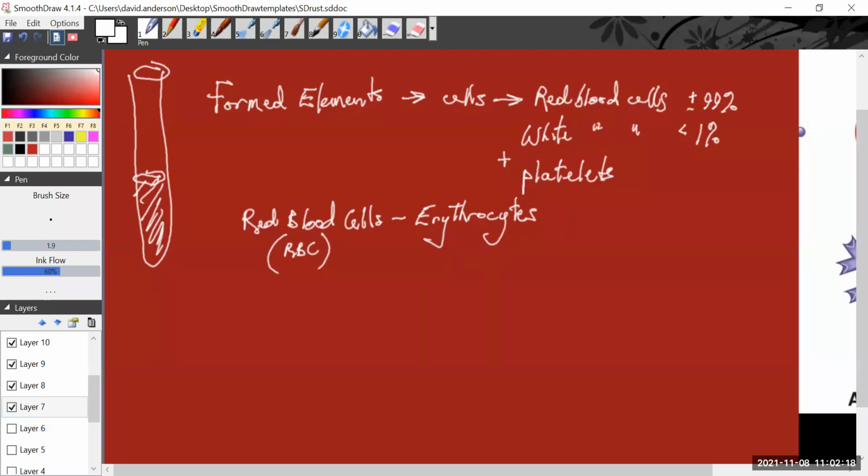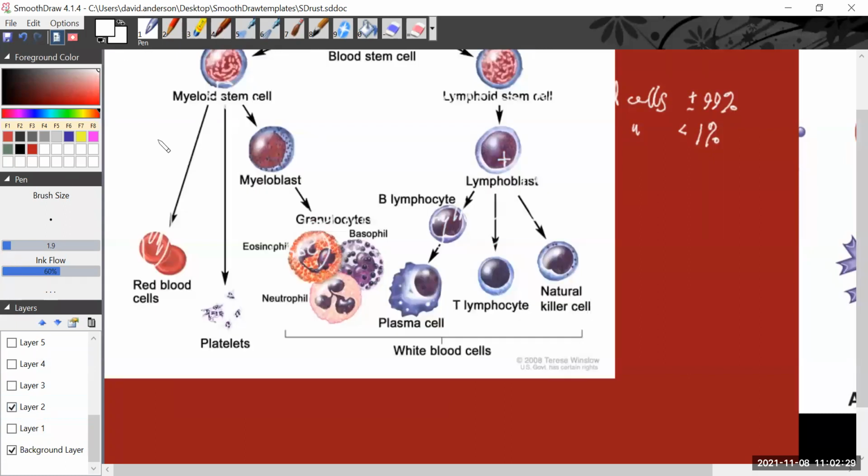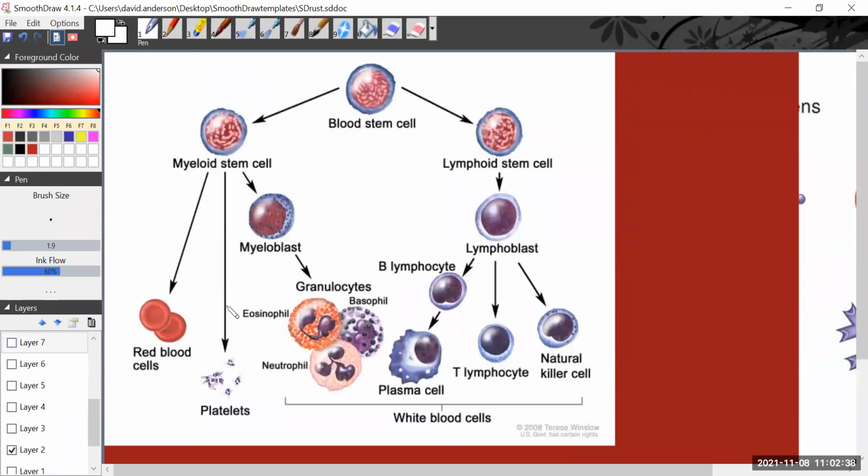Now, most of us should remember that the process of cell development is called hemopoiesis. We talked about hemopoiesis when we talked about bone tissue. So in this picture here, we can see that we have a stem cell.